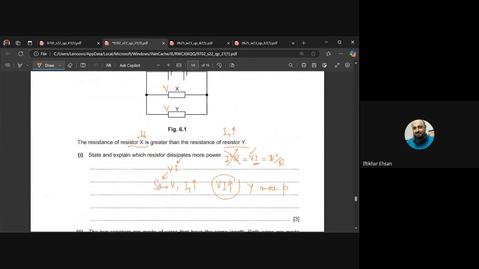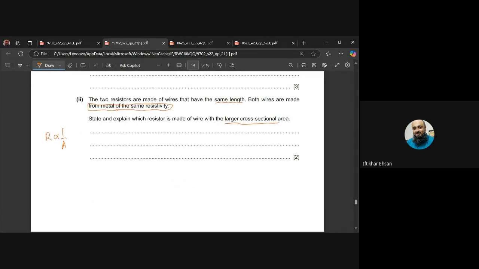So as it says, the resistance of X is greater. So resistor Y has lower resistance, it means inverse relation with area, it will have larger cross section area.